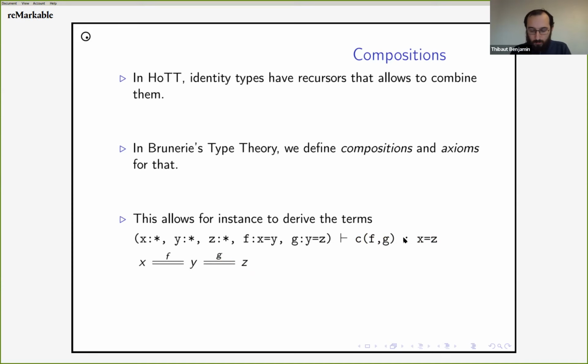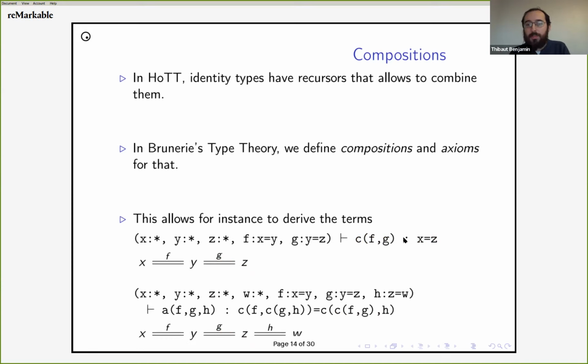So that's a composition, and there's also an axiom. I take associativity as an example of an axiom that I can require. Here I have a much bigger context, but this is actually just this equality situation that I've described. And from there, the rules of the theory allow me to derive a term, which I call A of f, g, and h, which says that the composition associated this way is equal to the composition associated that way.